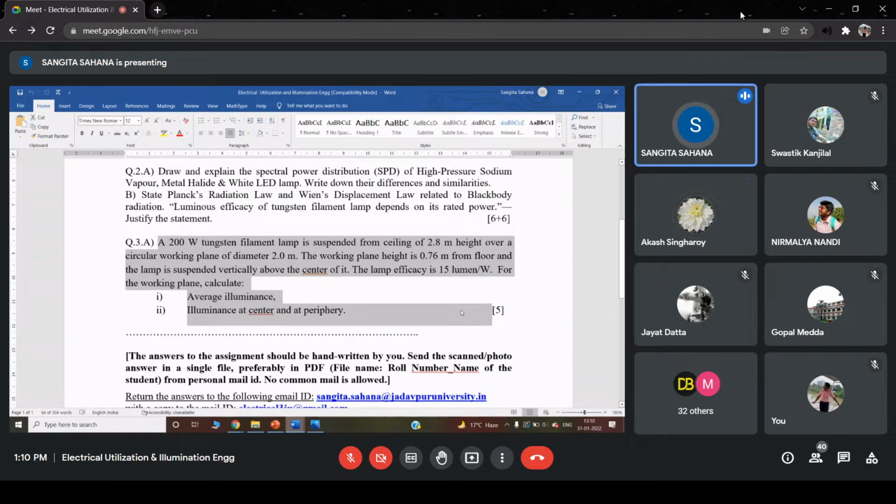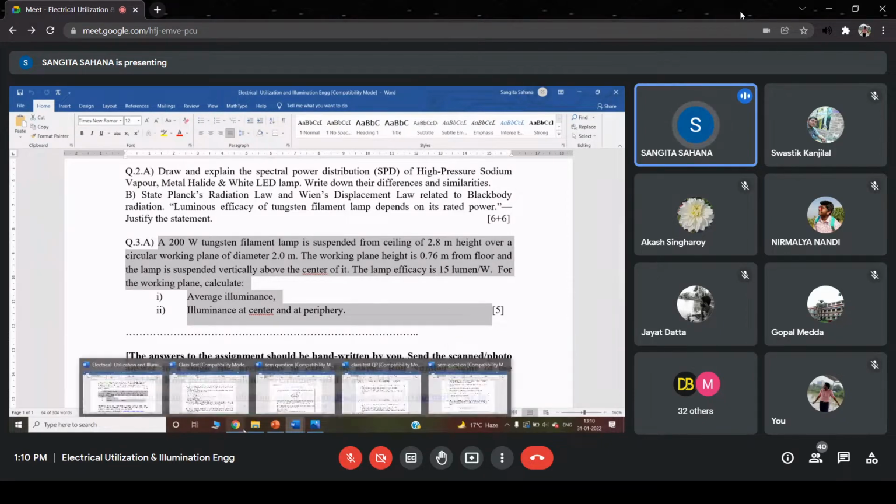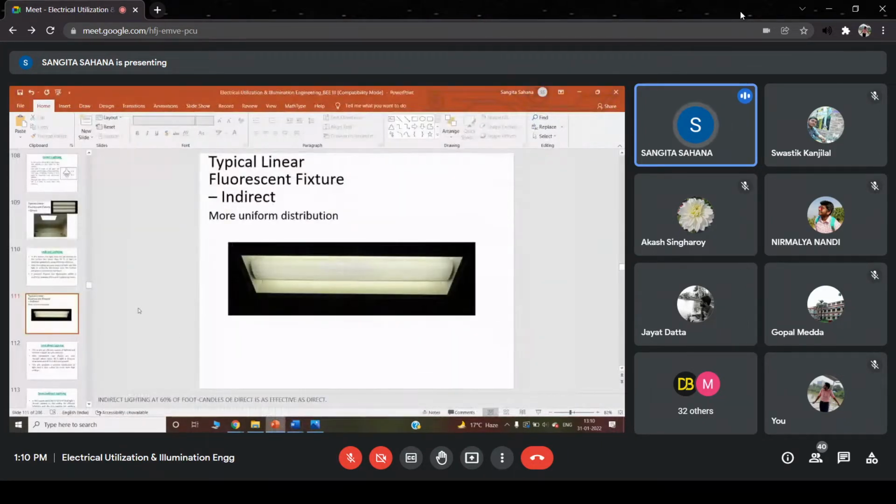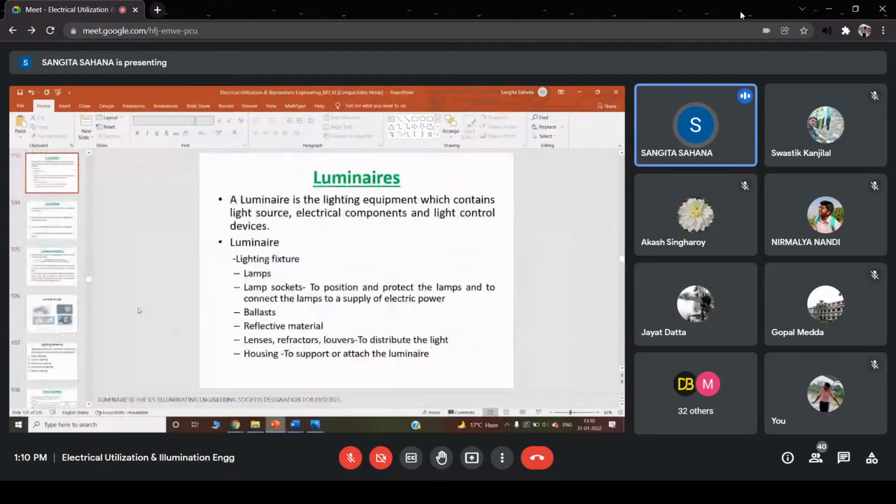So the luminous flux, or the total light output from the lamp, is 3000 lumen. Now what will be the luminous intensity? Luminous intensity is luminous flux per unit solid angle. If the profile is like a sphere, what will be the solid angle of a sphere?